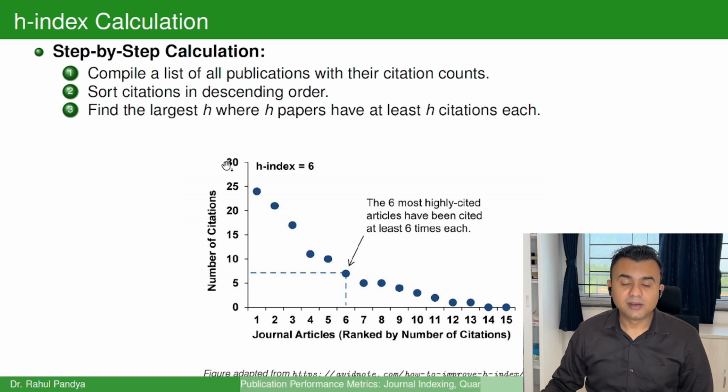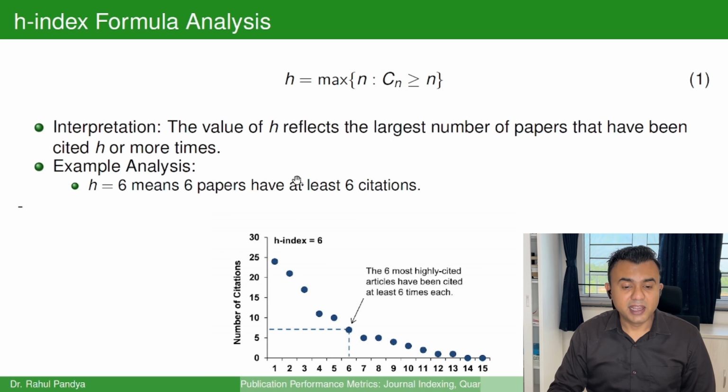That means for this particular example, the H index is 6. So the value of H reflects the largest number of papers that have been cited H or more times. Here in this example, H was 6.